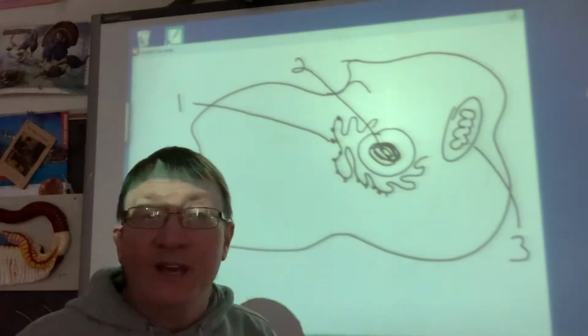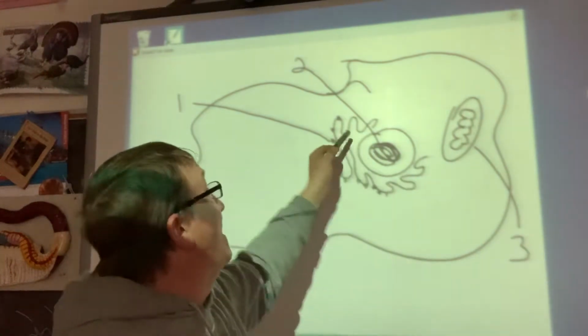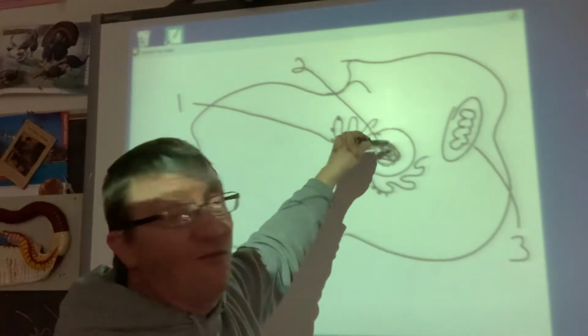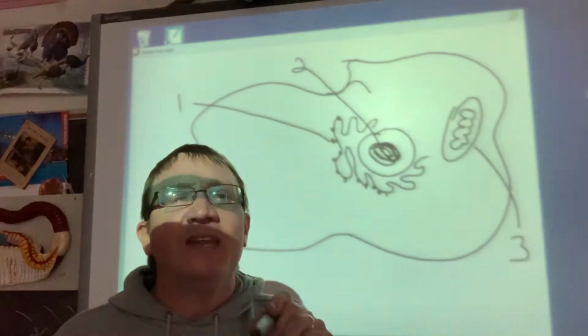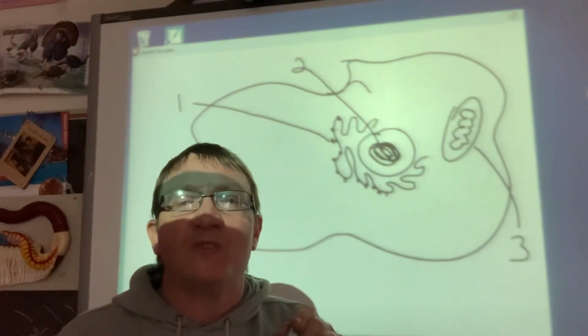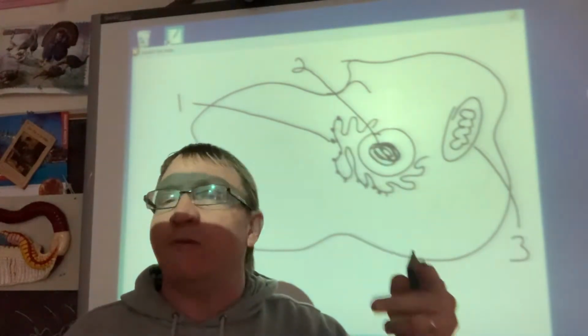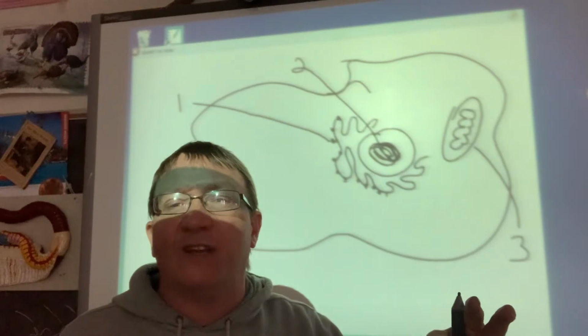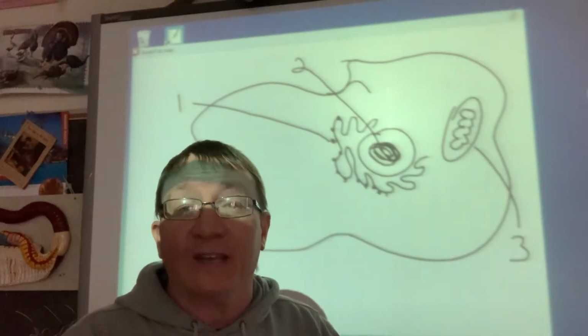Number 1 is going to be your ribosomes. Your ribosomes are like your general contractors. They don't need to know every little bit of mechanics going on in the building. They need to know their job, and they need to be able to do that well, okay? So here's your blueprints. That's got the plumbing, the electrical, the structural analysis. That's all your floor plans. That's everything for the building.